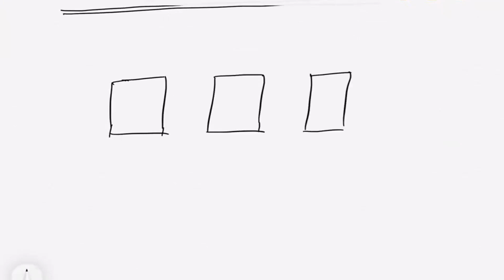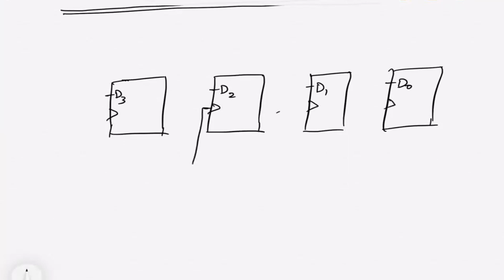So let's say we want to design a 4-bit PIPO using D flip-flop. So we need 4 D flip-flop. So this is D3, D2, D1, D0. And we need to synchronize them using a common clock pulse.